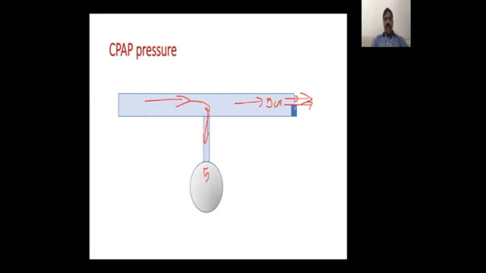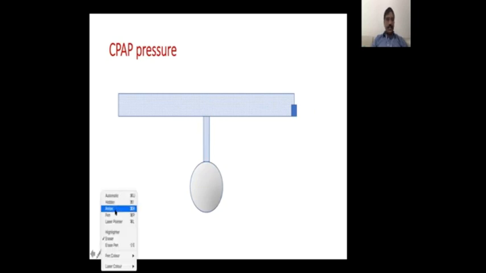Now, instead of having an obstruction like this, what we can do is this tube, we put it into the, I'll just erase it once. So instead of this obstruction, we will put this tube into the water.